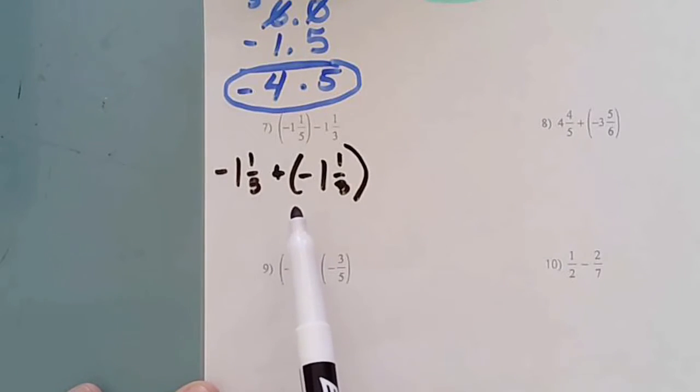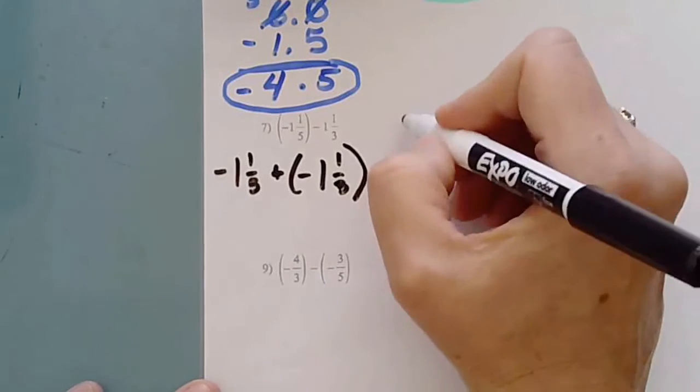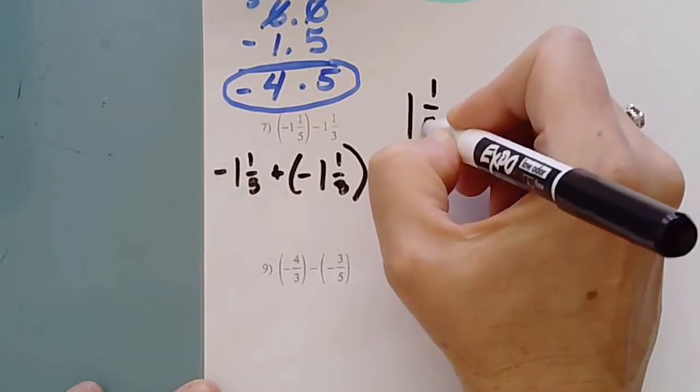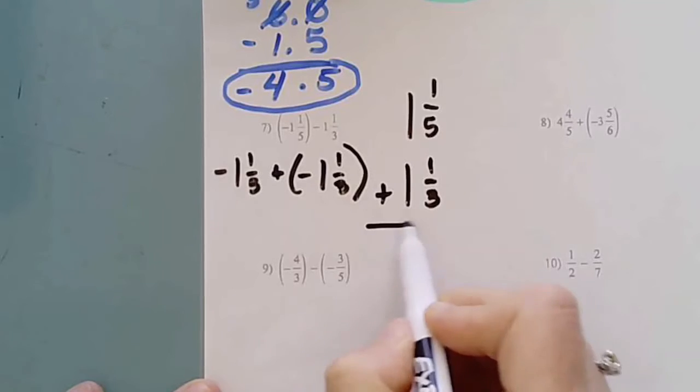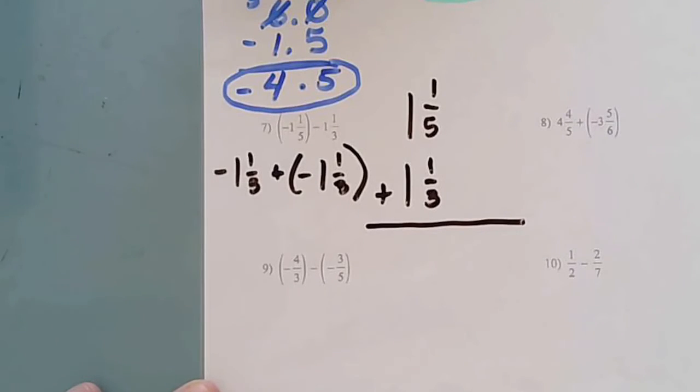They're both negative, so I'm going to add them together. So let's remember how we add fractions. If I have 1 1/5 plus 1 1/3, I cannot add fifths and thirds together because they're different sizes. So I need to rewrite those as an equivalent fraction with a common denominator.